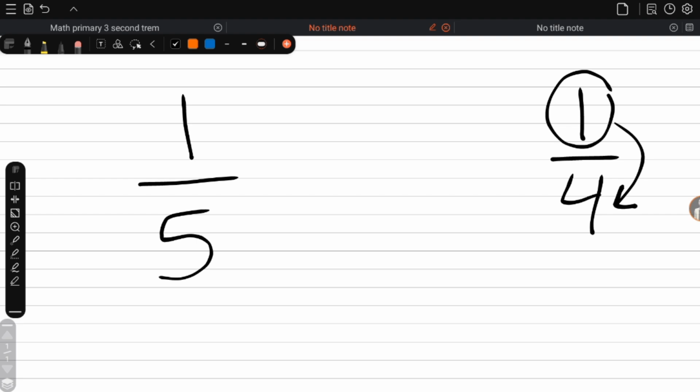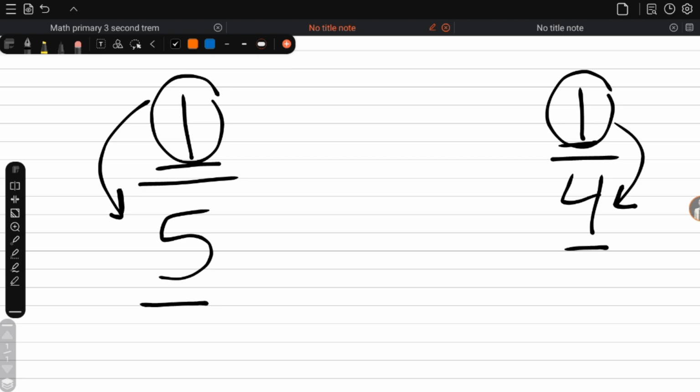Okay, so I will take 1 part out of 4, and this one I will split into 5 parts. Which is more? Where will I take more? When I split this one into 4, or when I split this one into 5 parts? Okay, mister, I will take more if I split this one into 4 parts and take 1 part out of 4.